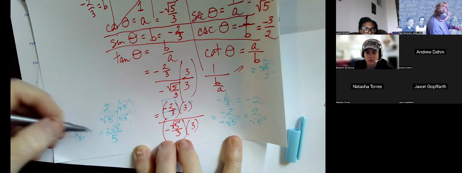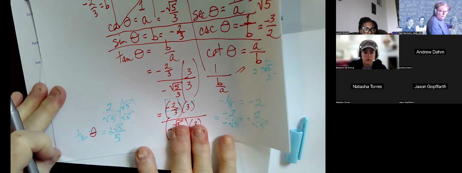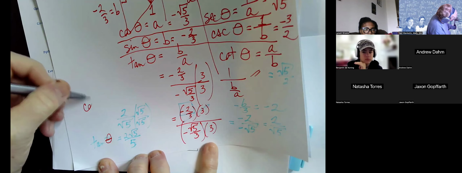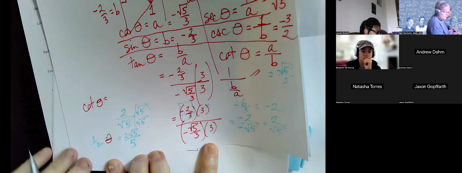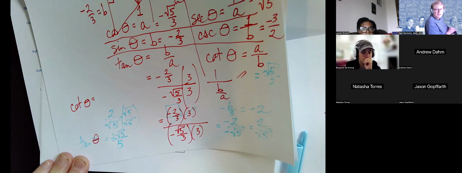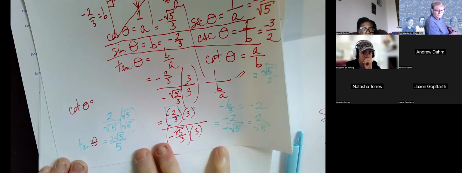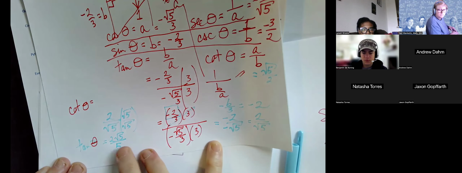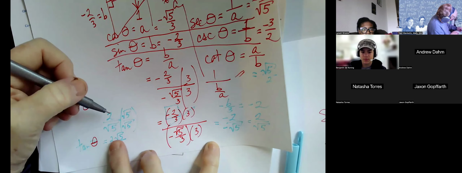If I want to write down the cotangent, what am I going to flip? What fraction am I going to take the reciprocal of? The first one. Square root 5 over 3.